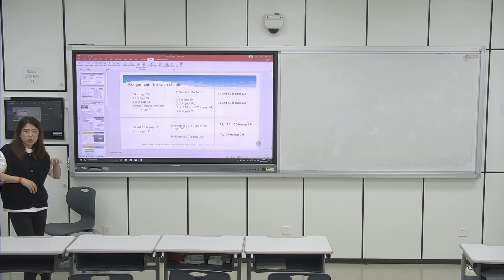We say that soil is a very special material because it has three phases: water, air, and soil particles. We have the solid part and the fluid part, but the fluid part consists of two: one is water, another is air, right?